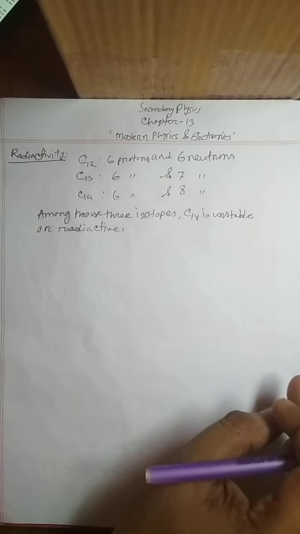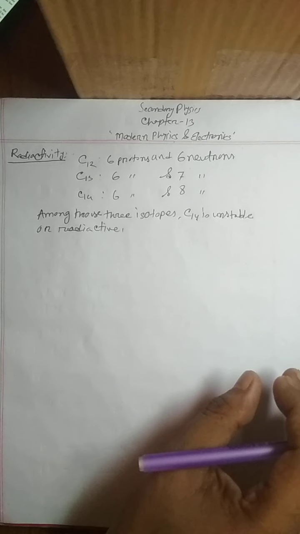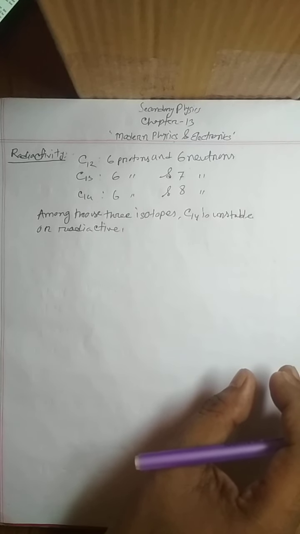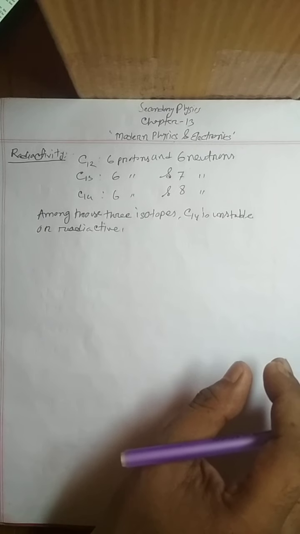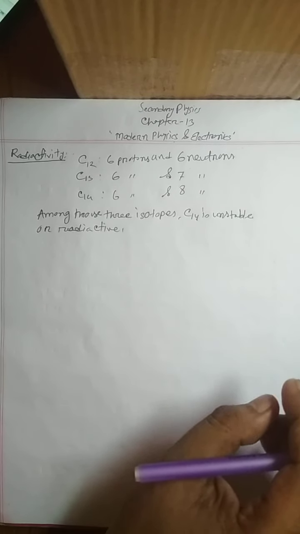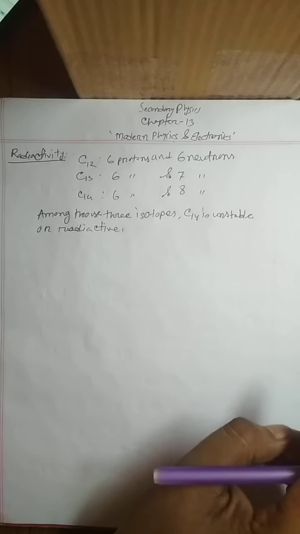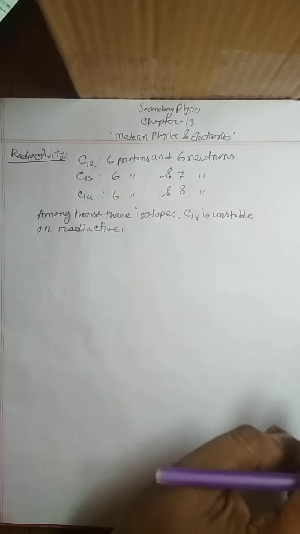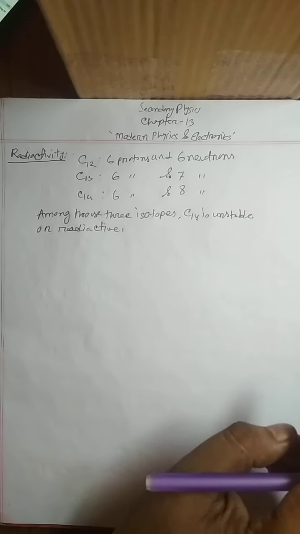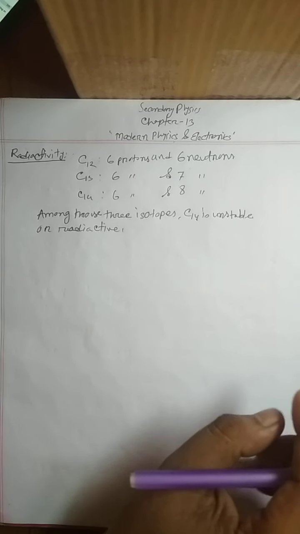Since radioactivity is not influenced by external pressure, heat, or electric or magnetic fields and cannot be controlled, it is accepted as a nuclear phenomenon. Due to radioactivity, radioactive rays emerge and the structure of the nucleus changes and turns into a different element. Okay?